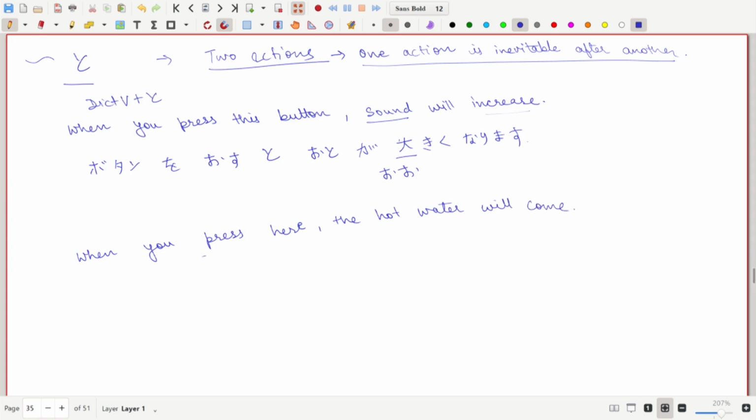So press here will be koko o osu to. When you press here, oyu, that is hot water, oyu ga demasu. Demasu is to come out, oyu is hot water.